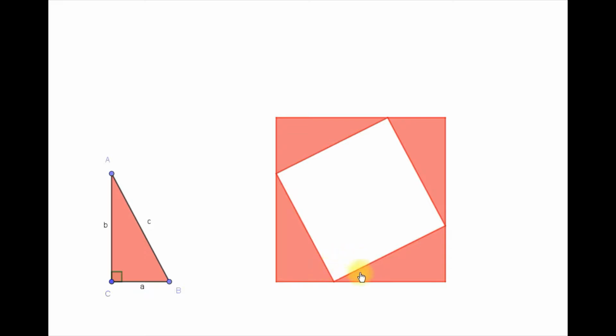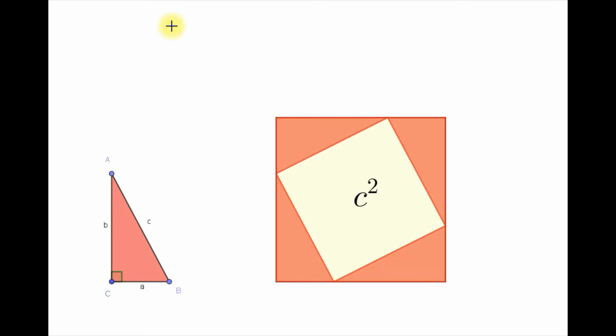So the angle that's left over is going to be 180 minus that 90, which is 90. And what that means is we've actually created a square. So inside here, all of these angles are exactly 90 degrees. All of the sides are equal to the hypotenuse of our original triangle, which means that the area of this region in the center is c squared.